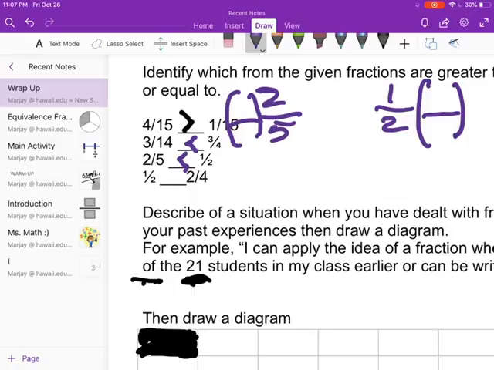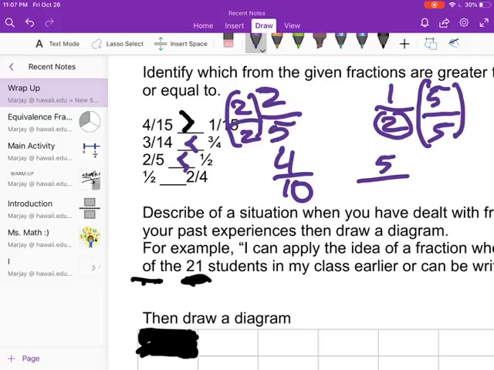So multiply 2/2 to this one, and multiply 5/5 to this one. So we get 4/10 and 5/10. Yes, that's why, since 4 is less than 5, we conclude that 2/5 or 4/10 is less than 1/2 or 5/10.